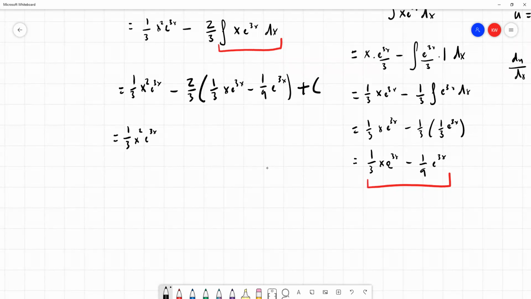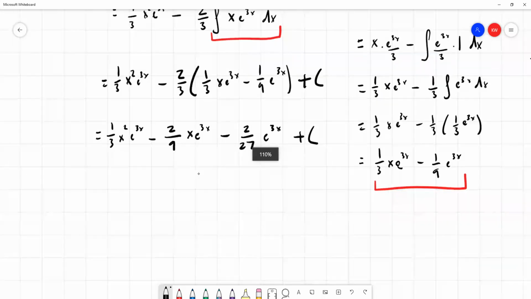This term remains the same. We're going to have minus 2/9 x times e to the 3x minus 2/27 e to the 3x. Of course, that's all plus c.